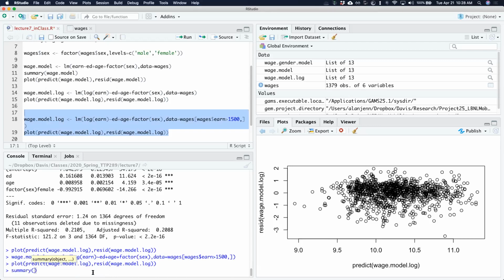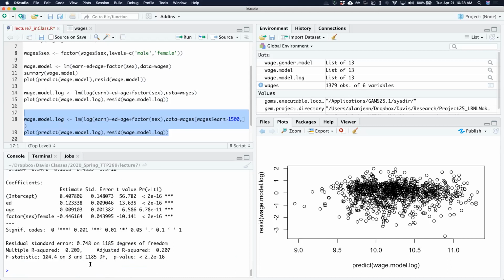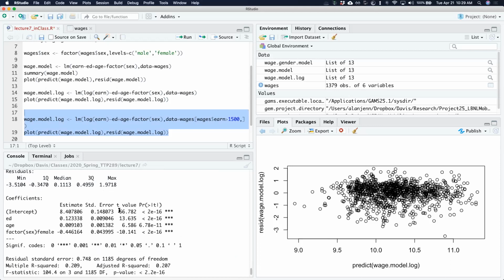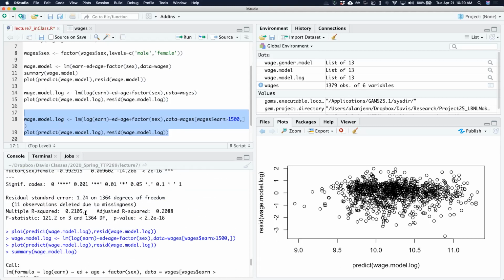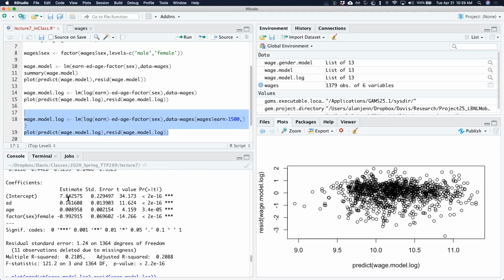And if we look at the model, we can see whether or not there's any significant difference in the interpretation when we cut out those points. And indeed, your coefficients are changing by actually larger than the standard errors here.